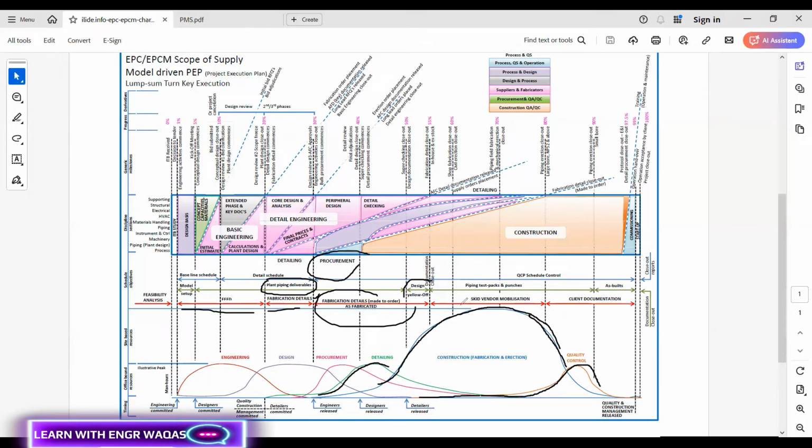Along with this, you can see piping, test packs and punches. This is also a deliverable, like the plant piping deliverable. I will explain what kind of data this deliverable carries. A piping test pack is a comprehensive set of documents that outlines the inspection, testing, and quality control requirements of a particular section of the piping system.